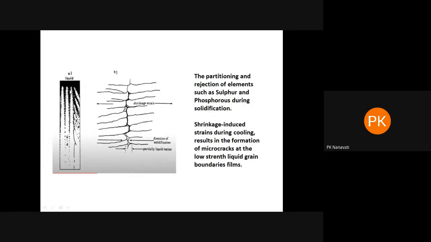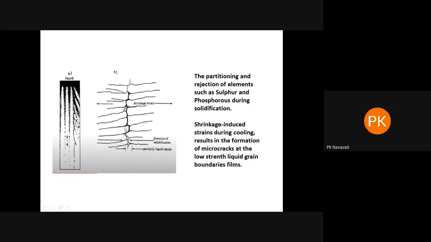When they are thrown into the liquid phase, they have the tendency to go inside the interdendritic region, or sometimes if it is a cellular structure, they are more likely to go inside the grain boundaries. So what will happen?